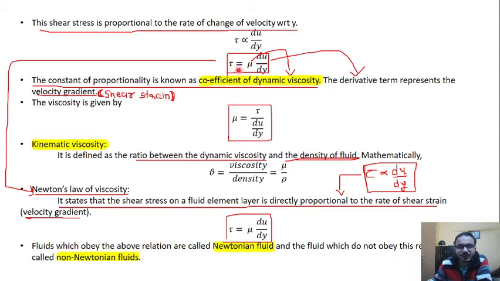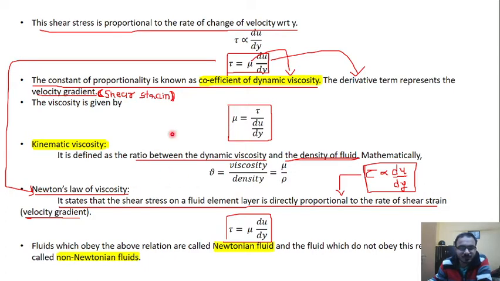So we are getting tau is equal to mu du upon dy, where mu is dynamic viscosity, and kinematic viscosity is the ratio between dynamic viscosity and density of fluid. So nu is equal to mu upon rho.